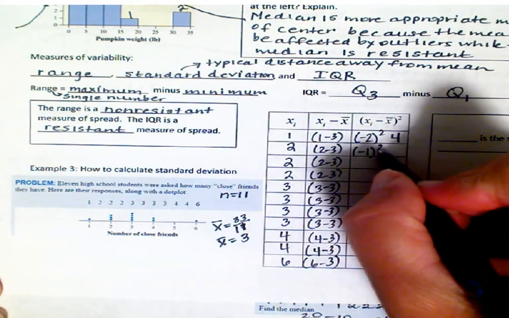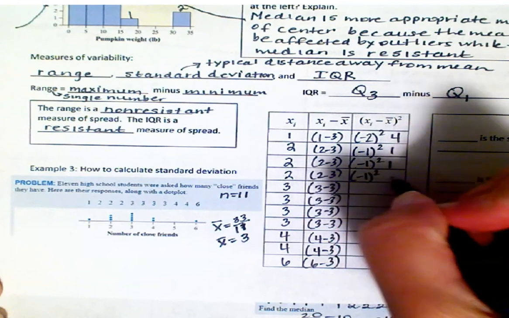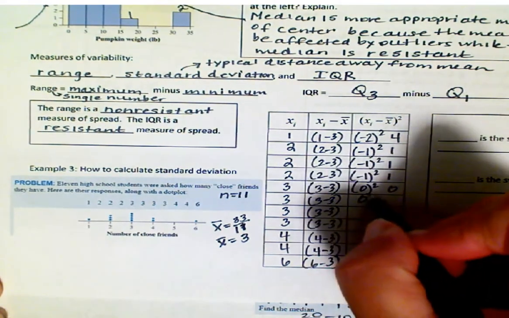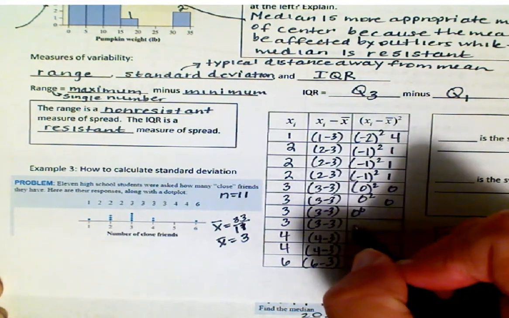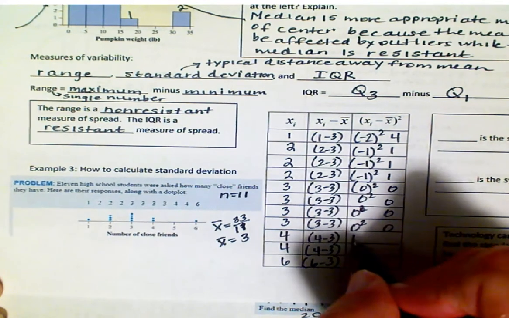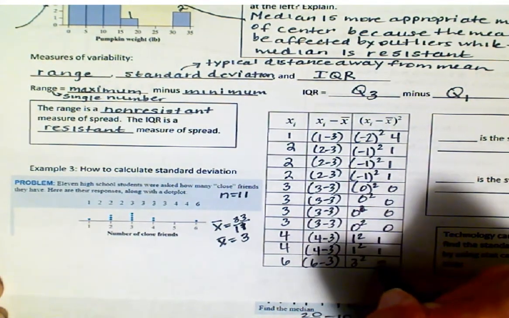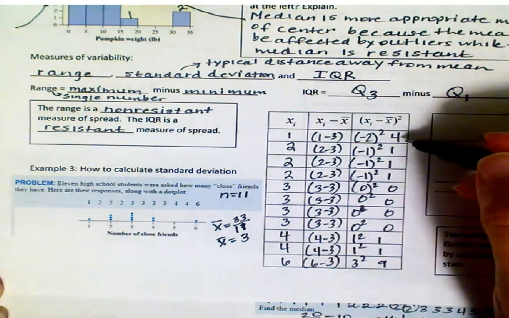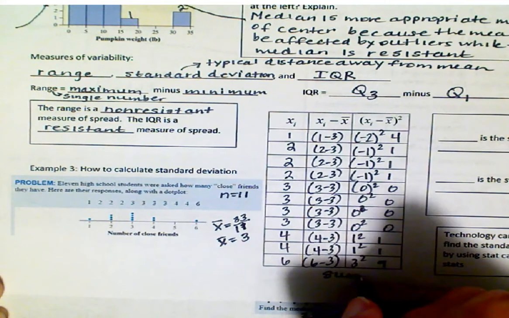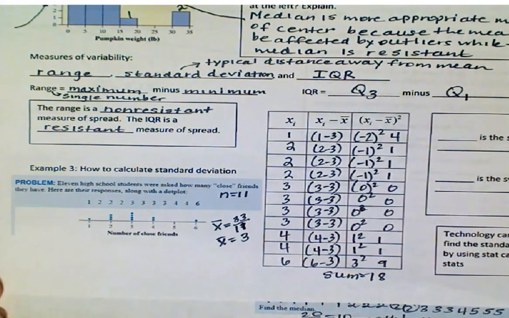So negative 1 squared, negative 1 squared, negative 1 squared, 0 squared, 0 squared, 0 squared, 0 squared, 1 squared, 1 squared, and then 3 squared, which is 9. Now we're going to add all those up. We find the sum, and that equals 18.